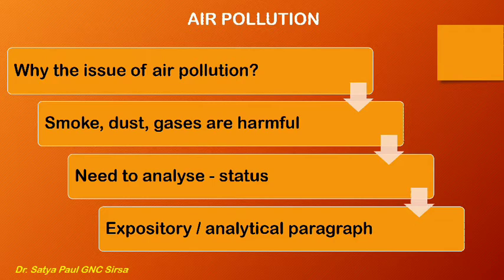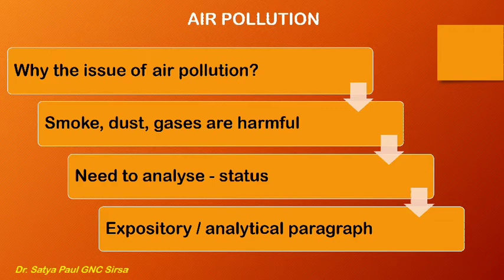After knowing that we are writing on air pollution, we have to determine which type of paragraph I will write. Then I can move on a right path. Otherwise, my tone and my way of writing will pull me in different directions.